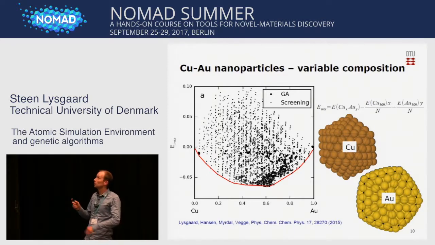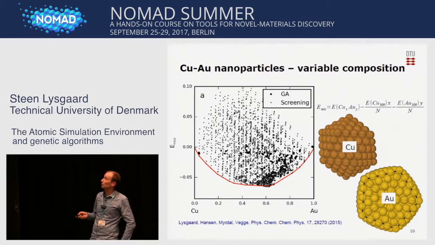So you substitute all atoms in the shell of this particle with the other type, and then you do all combinations of that on all the shells in the particle. And you get all these points, and the convex hull defined by the red line.